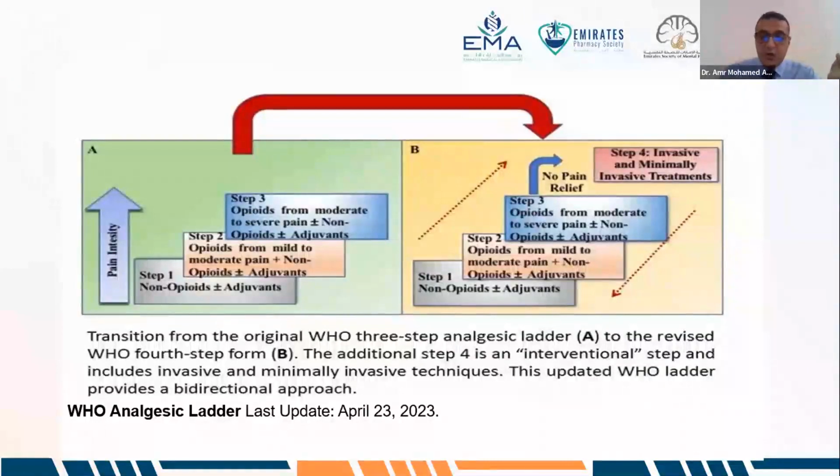Then for mild to moderate pain, we start opioid plus non-opioid plus or minus adjuvant. Then we move to opioid for moderate to severe pain plus or minus non-opioid and adjuvants. And lastly, if pain persists and the patient has severe pain, we move to invasive and minimally invasive treatment.